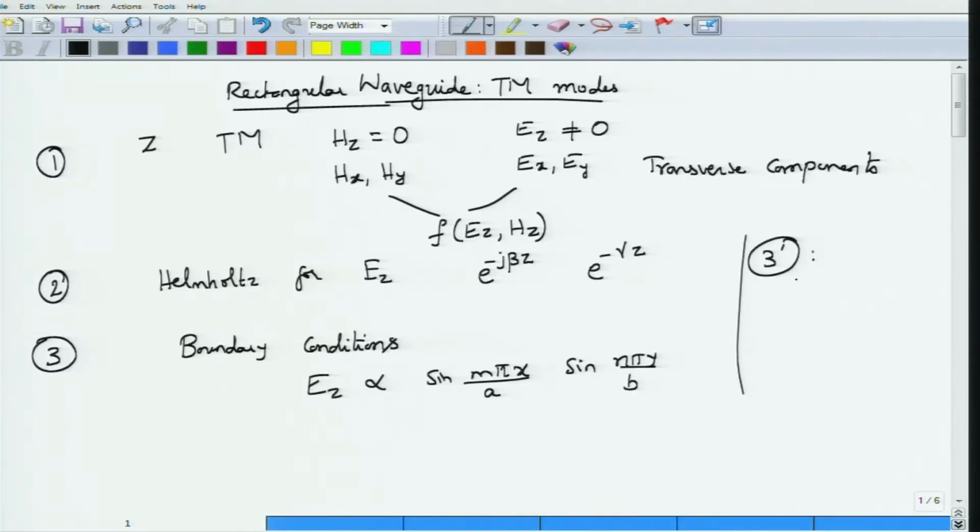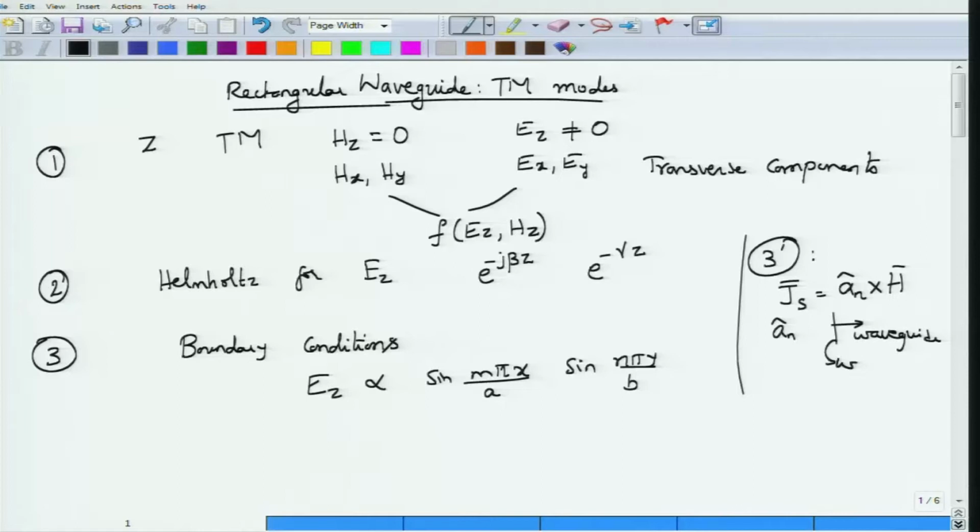This relationship is something that will give us the relationship between the magnetic field and the surface currents that should exist. Remember, the tangential magnetic fields must be discontinuous by an amount of surface current. So the surface current that should be there on the walls is given by the normal component a_n cross H, where the normal a_n is directed from the wall into the waveguide.